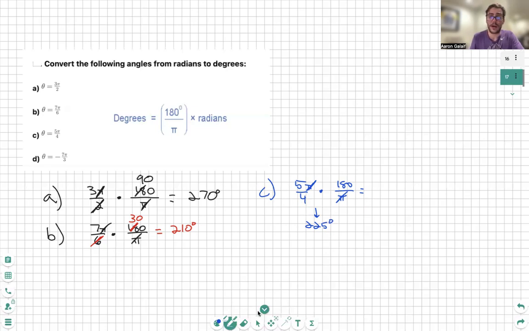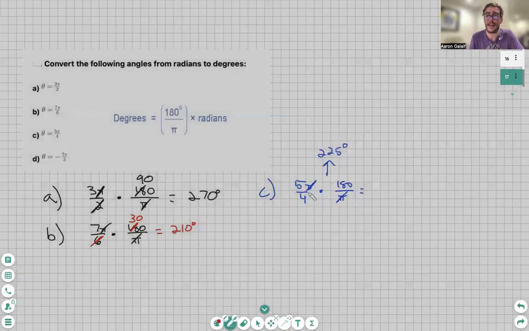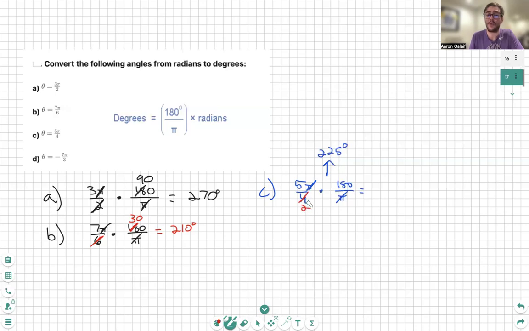So what I'm going to do is first rewrite the 225 above, and that way we can work downwards and confirm our answer. So we can take 4 out of 180. I don't know that off the top of my head, but I know that 4 divided by 2 and 180 divided by 2, right? They share a factor of 2. So I can divide them both by 2.